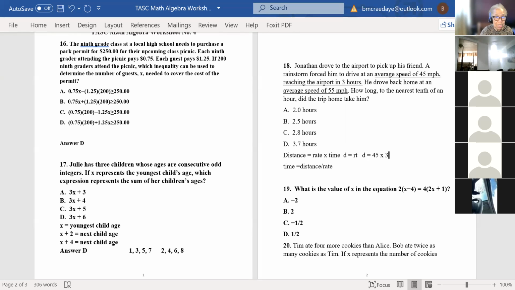Now you know the distance of Jonathan's home to the airport. And once you find that distance, you put it in this formula with that 55 mile per hour rate, and then you get the time. Okay, so solve 18, and before the next class, send me the answer.